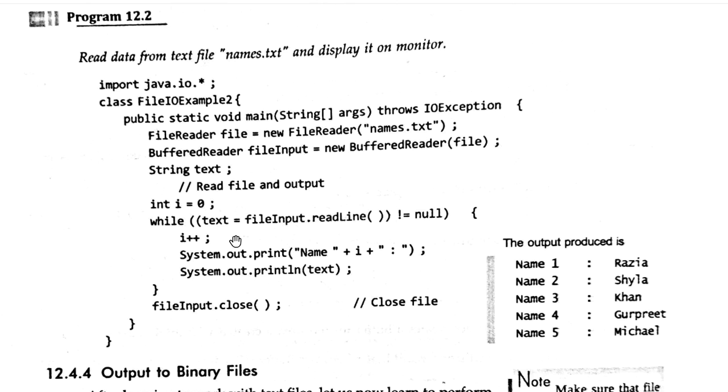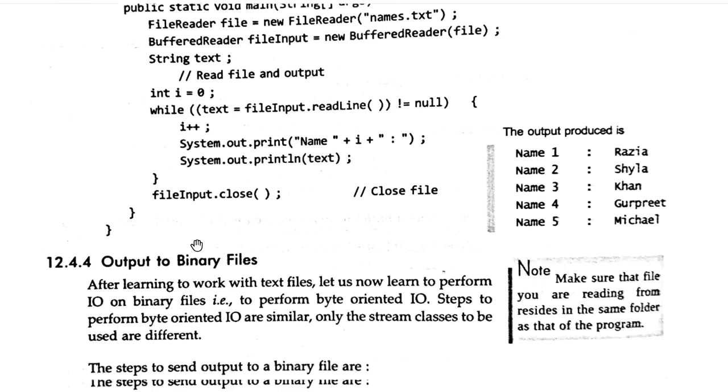Not equal to null, we are counting i++. i's initial value was 0, so the first time the loop executes, i becomes 1. So name 1, see here, name 1, and it is displaying the value of text, which is the first name that was present in the first line of the file. Then the next time the loop executes, it will read the next line, which is the second name, and that will be displayed with name 2, because here we are increasing the value of i every time inside the loop.